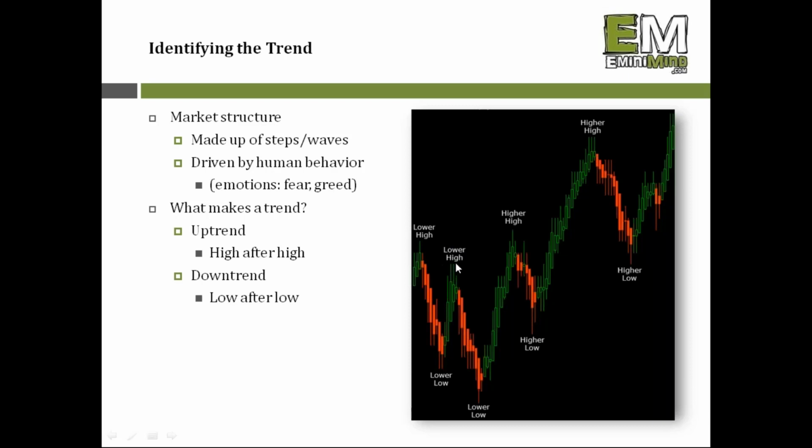And it's at that point that the trend is changing. And so when you're in a downtrend and you take out a swing high, that's when the uptrend is starting to take effect. And then you get a pullback, and that higher low solidifies the new trend.